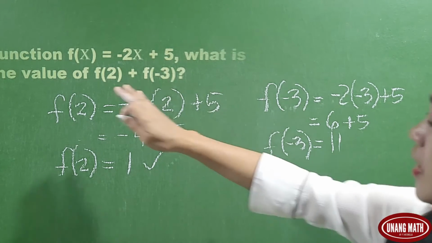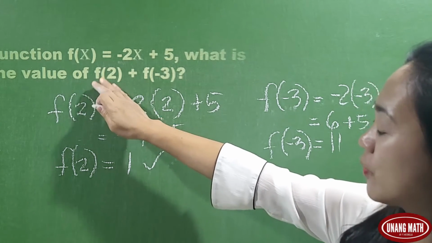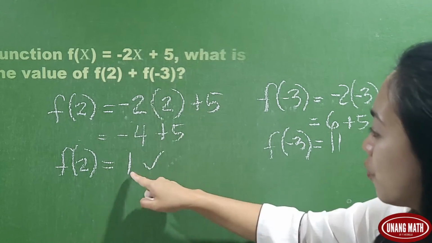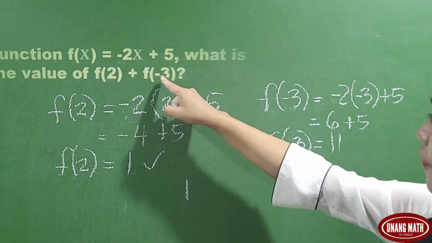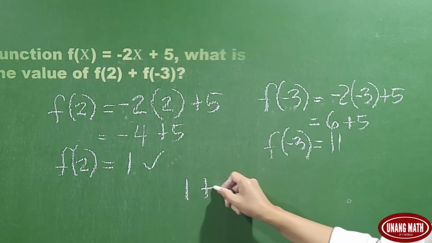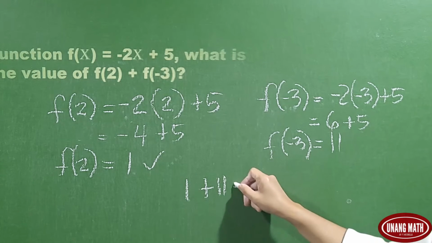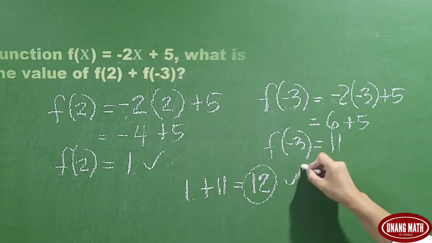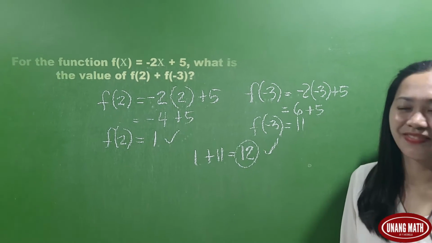Okay, the question is, what's the value of f of 2 plus f of negative 3? F of 2 is 1. F of negative 3 is 11. So 1 plus 11, then that's equal to 12. So the answer is 12.